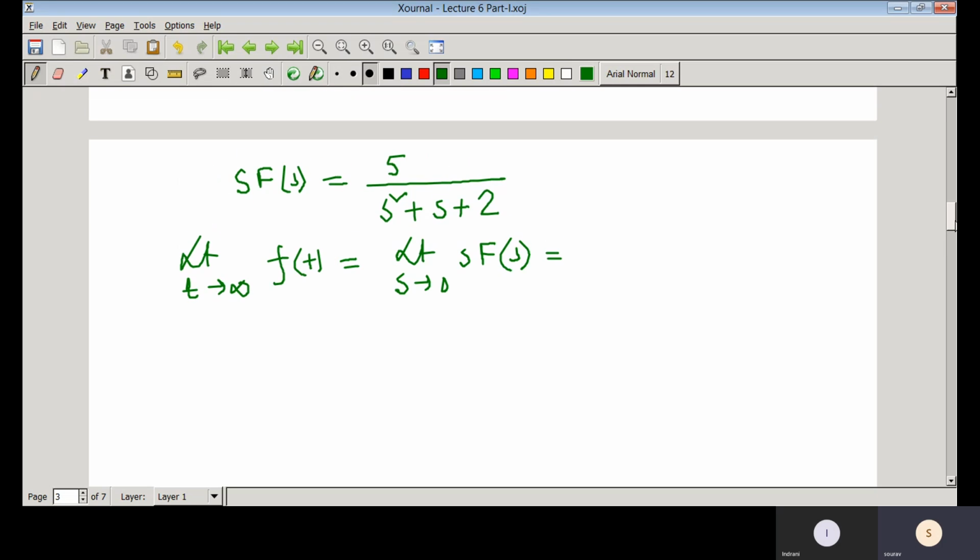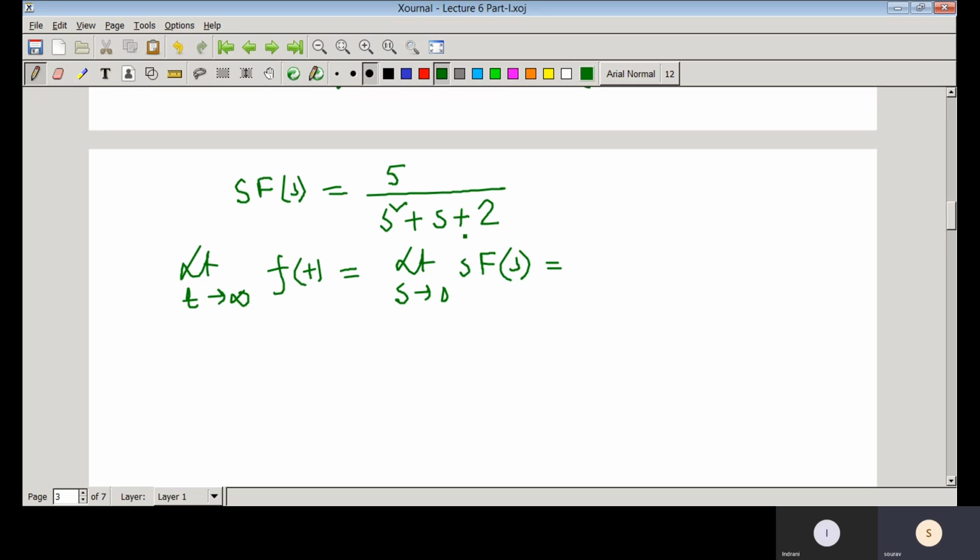What we have seen here is that sF(s) is 5 by s square plus s plus 2. So that is limit s tends to 0 of 5 by (s square plus s plus 2). If you apply this limit, you will get 5 by 2.